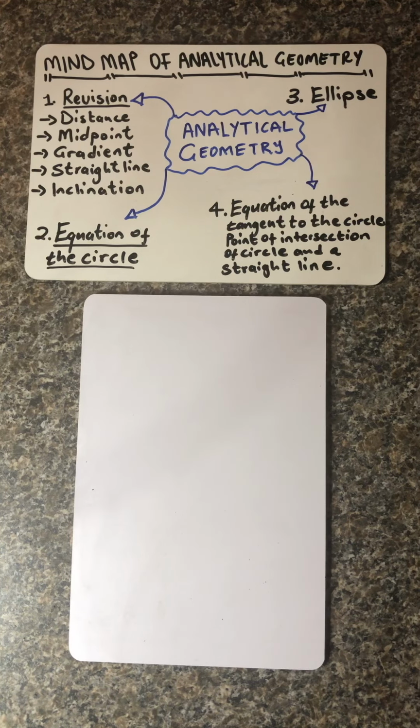From there, I'm going to take you through the equation of the circle, the ellipse, and lastly, the equation of the tangent to the circle, and again, the point of intersection of a circle and a straight line. So for today's lesson, I won't go deep into explaining in detail; this is just an introduction to prepare you for this chapter.